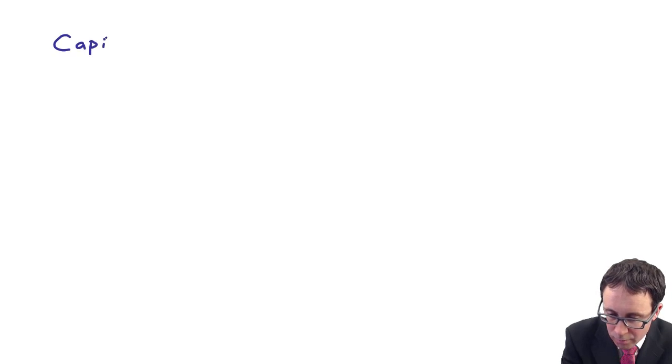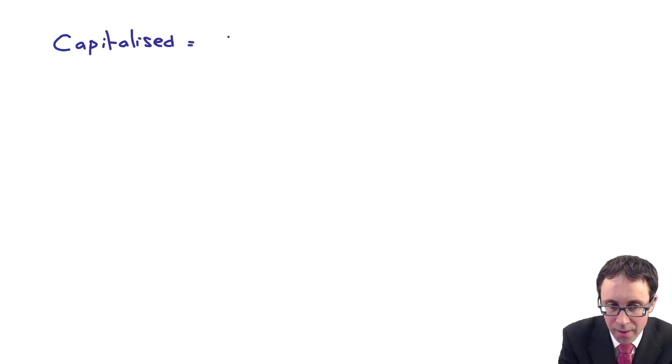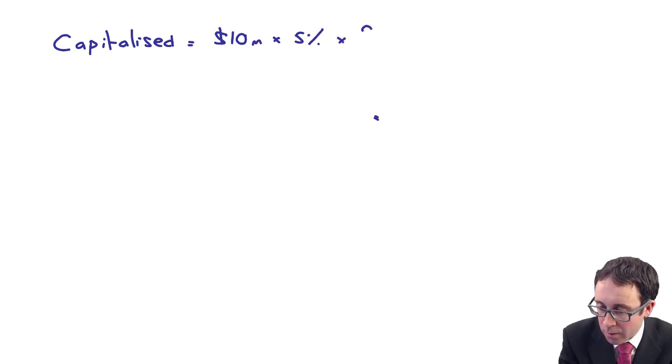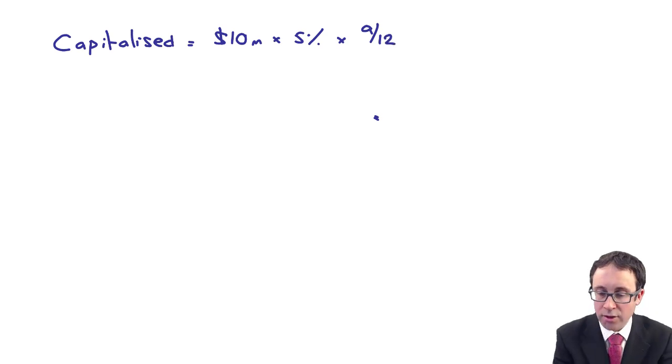So what we're going to go through and do there in terms of what is capitalized in the year will be 10 million multiplied by 5% multiplied by 9/12.